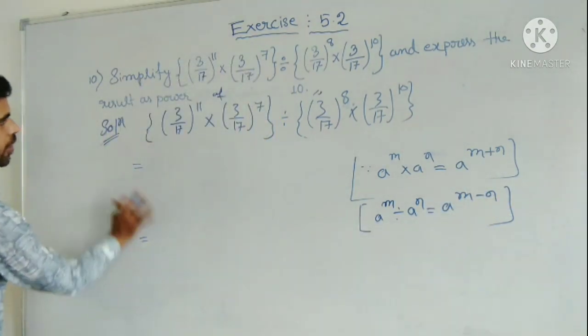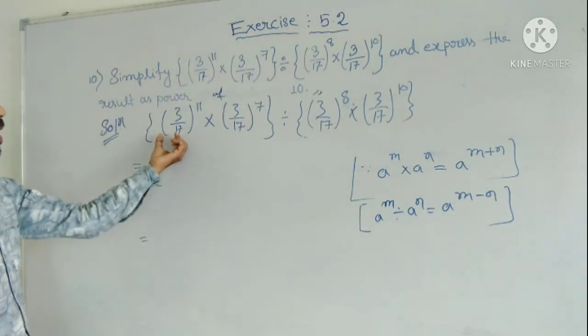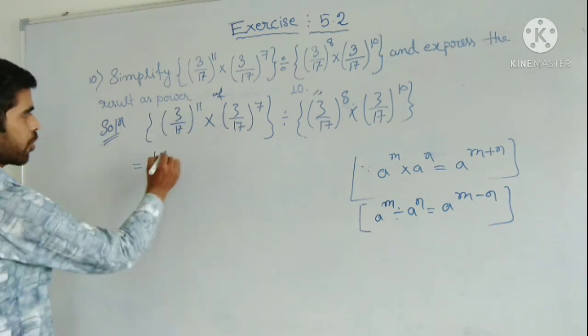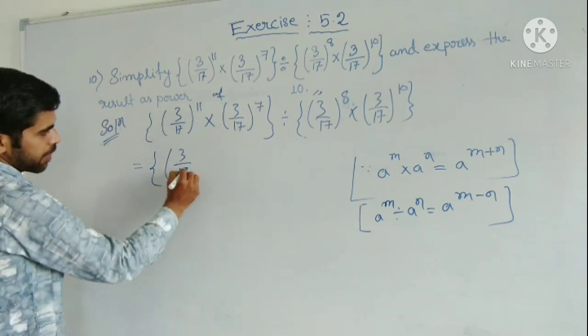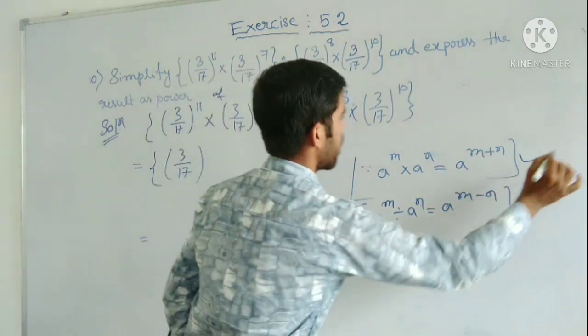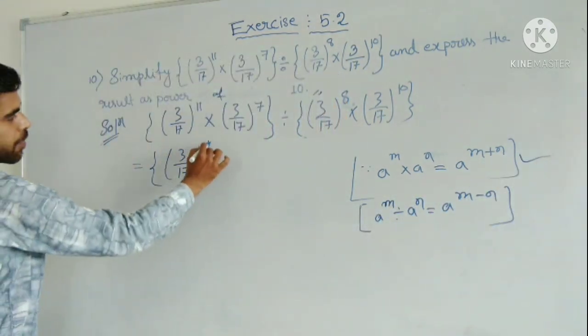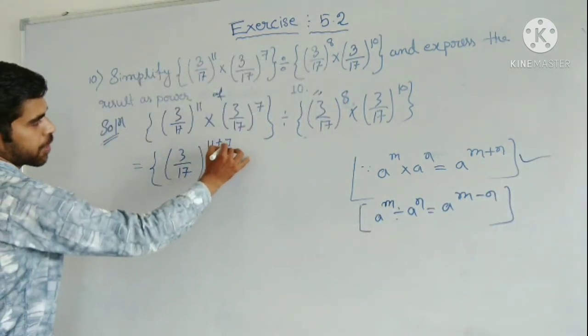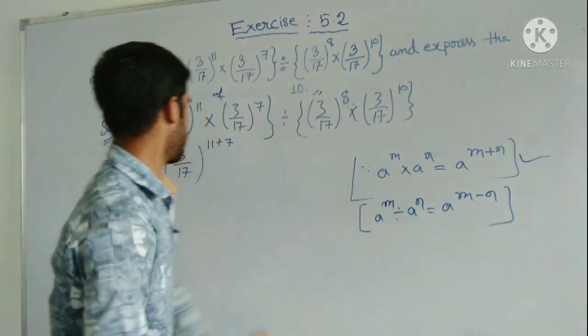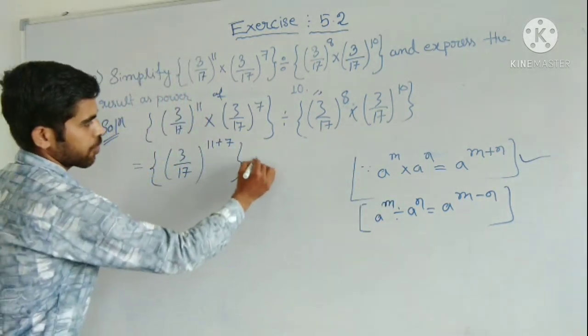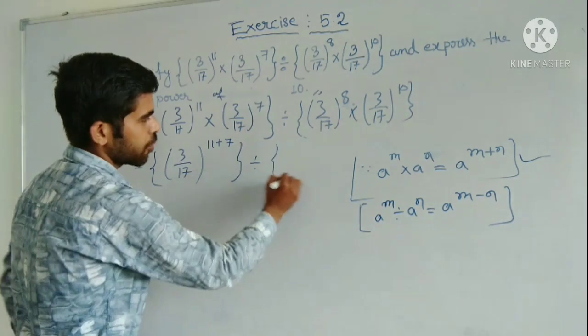Okay, so see, their base same, 3 by 17. So we'll use this one. So this will be plus because multiply sign is there. If division sign, then it will be minus.